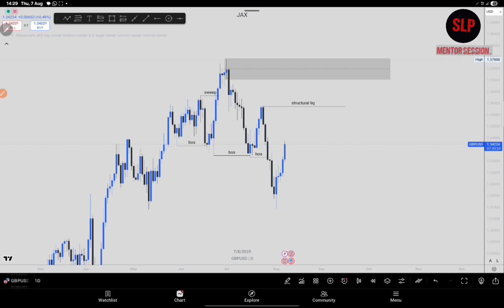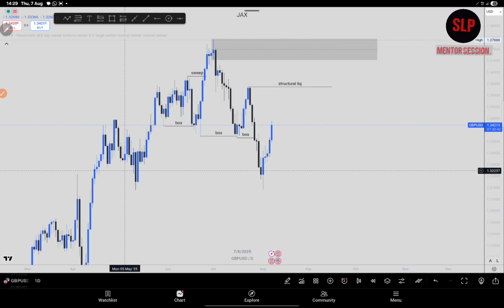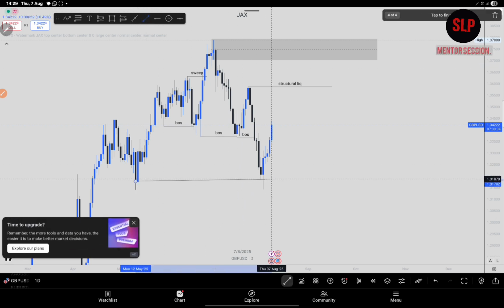Price could change direction to be bearish just to tap into a bullish POI, or change to bullish to tap into a bearish POI. The closest POI for this reversal is here. There's another QMR right here.